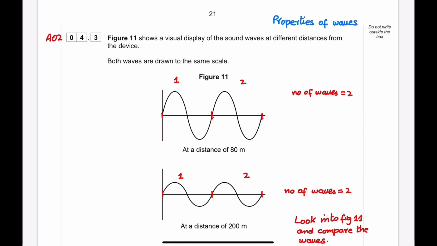But if we look into the amplitude, we can see the amplitude at the distance of 80 meters is higher as compared to the distance of 200 meters. The amplitude is low as compared to the amplitude of the wave at 80 meters. The frequency of the wave both at 80 meters and 200 meters is same.